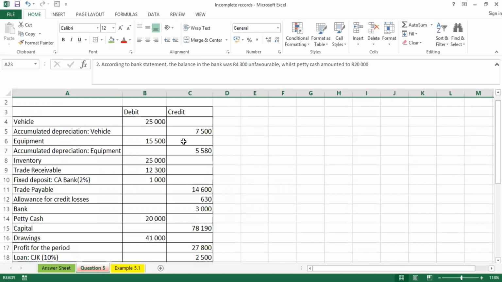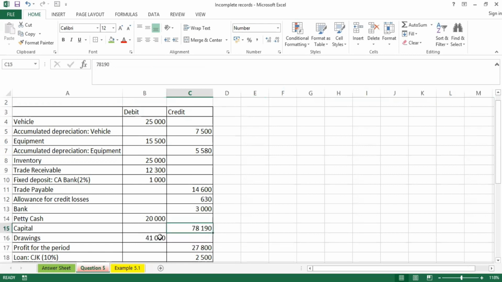In short, everything on the debit side you add, and everything on the credit side you minus, except of course for our capital amount and also our drawings, because those fall under owner's equity. Now we're only looking for assets and liabilities.